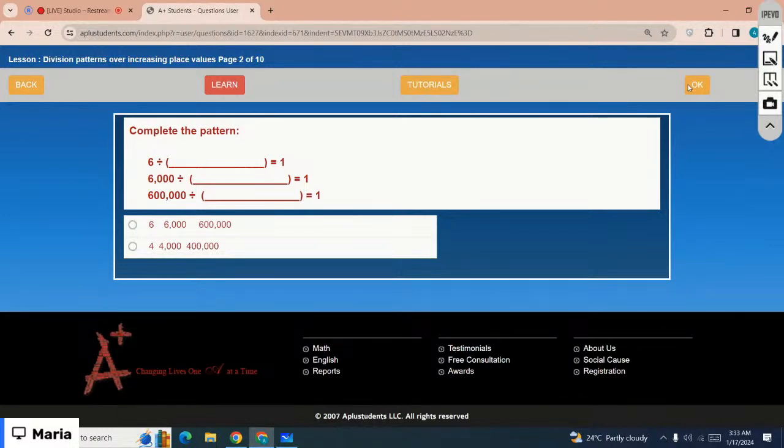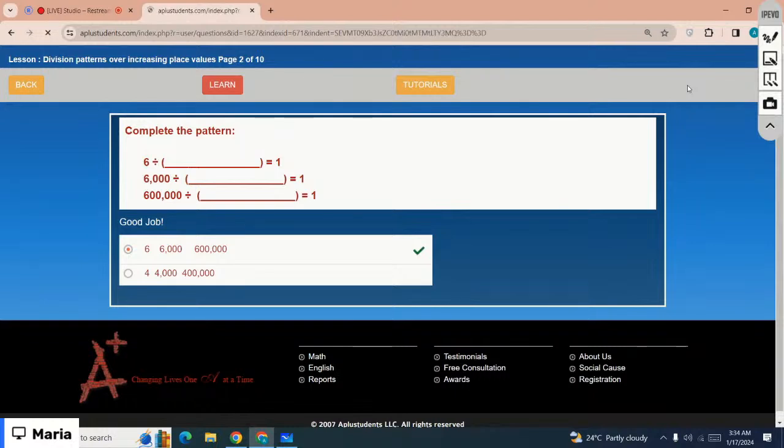Dividing a number by itself always makes a 1. Yes, that is option number 1. 6 divided by 6 is 1. 6,000 divided by 6,000 equals 1.